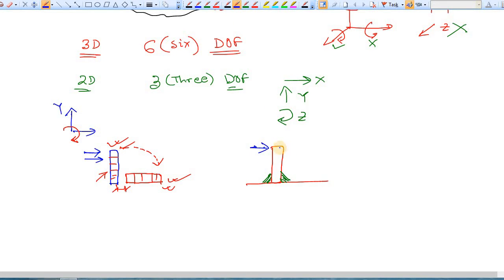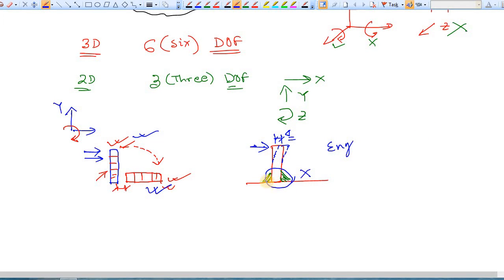It will deflect, but it will not collapse like this. It will stay in its own place, and that is desired by any engineer. We limit and control this deflection, whereas in the previous case the deflection was uncontrollable. And when you are providing this restraint, what are you doing?